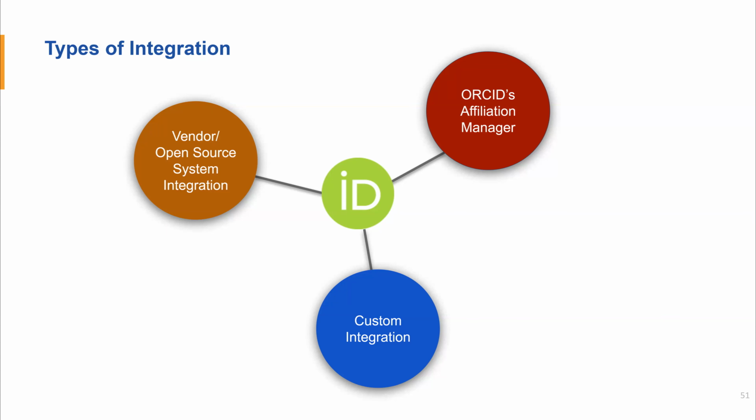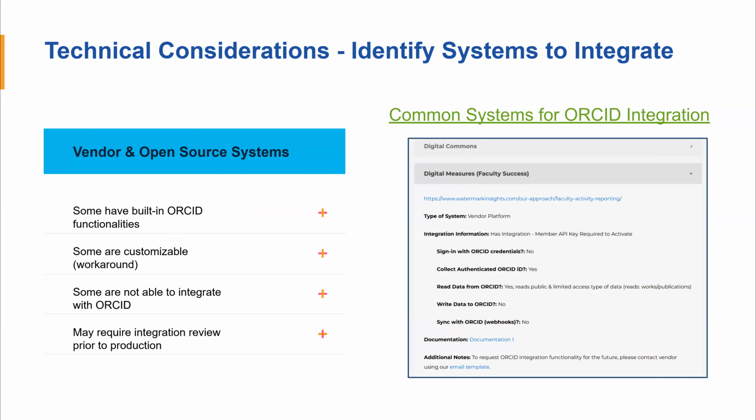You could also be using ORCID's affiliation manager, which we'll look into a little bit. And then there's also custom integration, which is really about the way that you want ORCID to work for your organization.